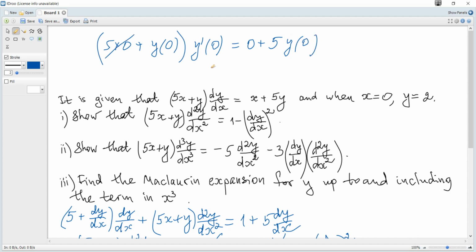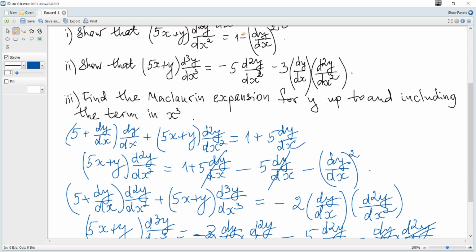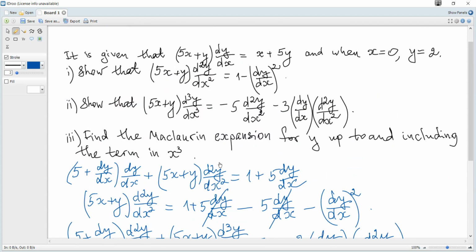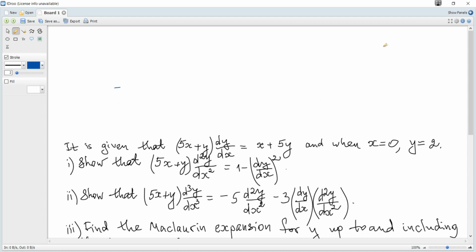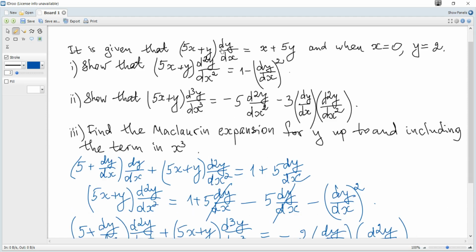And y of 0 is 2. So it becomes 2 multiplied by the derivative at 0 is 5 times 2, and we can see that the first derivative at 0 is 5. So it is found. It is 5.